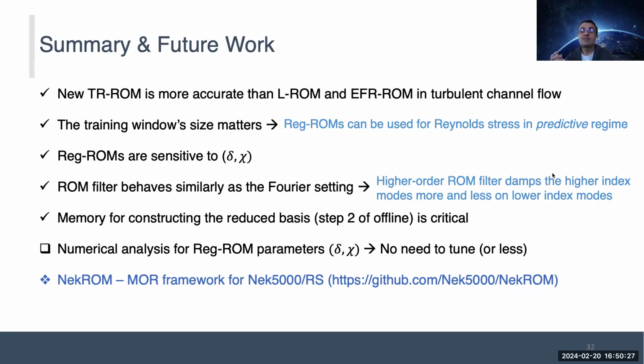That's fine, but at least it's one parameter of order one. You don't have to investigate over orders of magnitude, because you don't know in principle what delta should be. That would be the idea. We're still working on the paper, so we don't have it yet, but we're getting there.